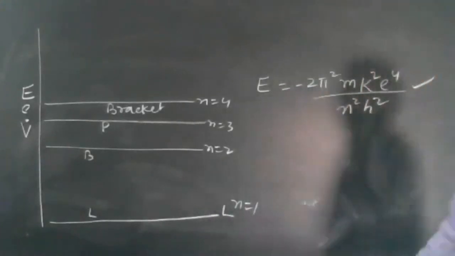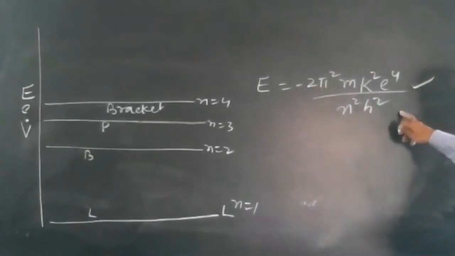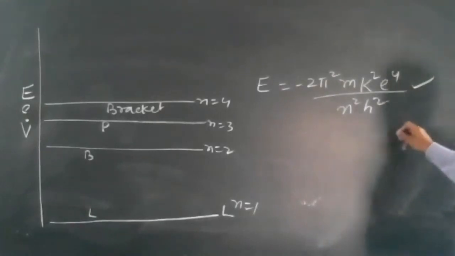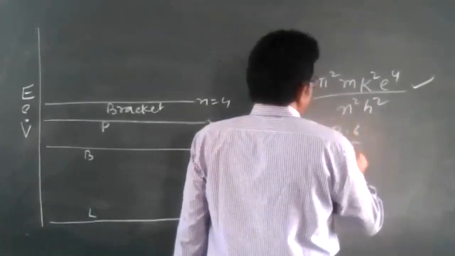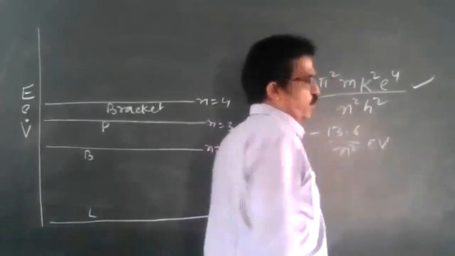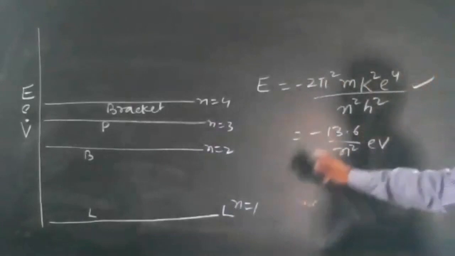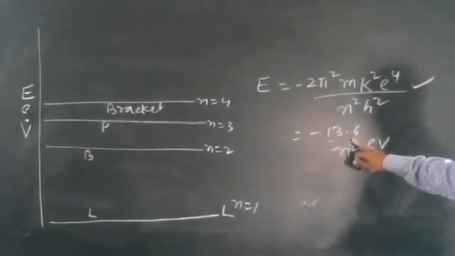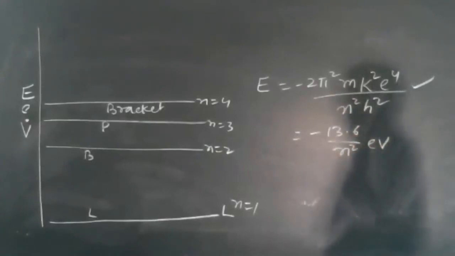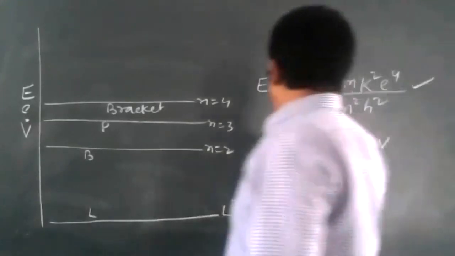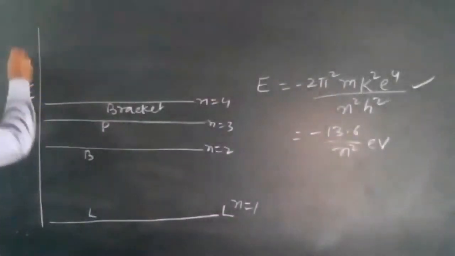Write down this formula here. Put the values of all the standard constants, then you will get minus 13.6 divided by n square electron volt. This we had already derived. Put the values of n as 1, 2, 3, 4 like this.